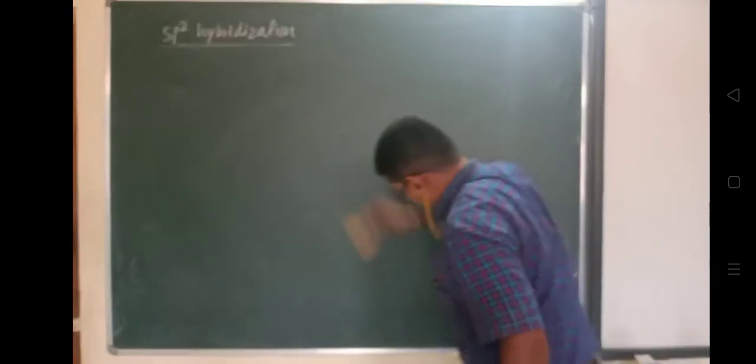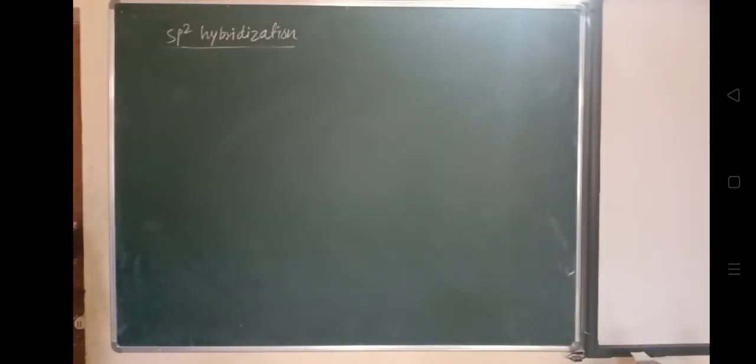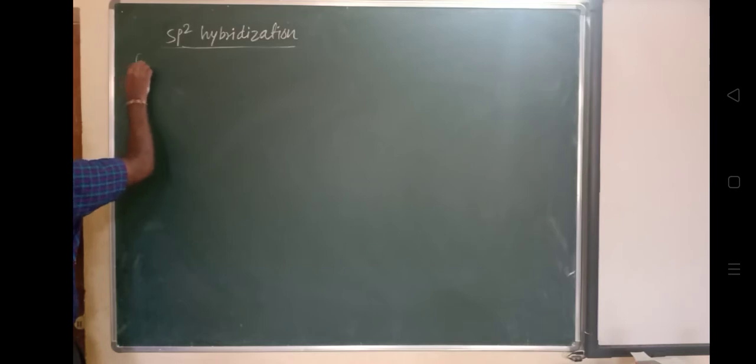Here boron will be acting as the central atom. The observed valency of boron in BF3 is 3.